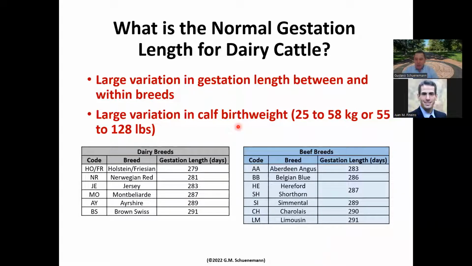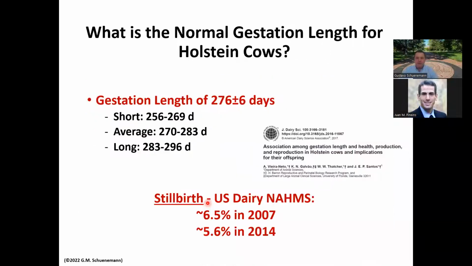There is huge variation according to the breed, from 25 to 58 kilos, or from 55 pounds to 125 pounds. Keep in mind these average gestation lengths, because I'm going to talk about how they may or may not impact calving problems. Remember that gestation length, especially at the very end, is associated with calf birth weight: the longer the gestation, the higher the birth weight of the calf.